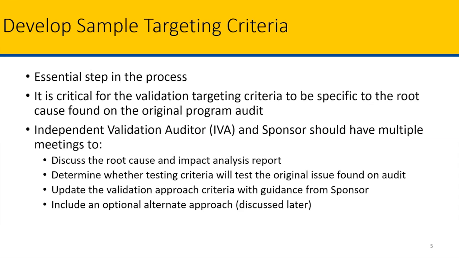The independent validation auditor and sponsor should have multiple meetings to discuss the root cause and impact analysis report from the original program audit, and the sponsor should assist with determining whether the testing criteria will test the original issue found on audit. And the IVA, or independent validation auditor, should update the validation approach accordingly.